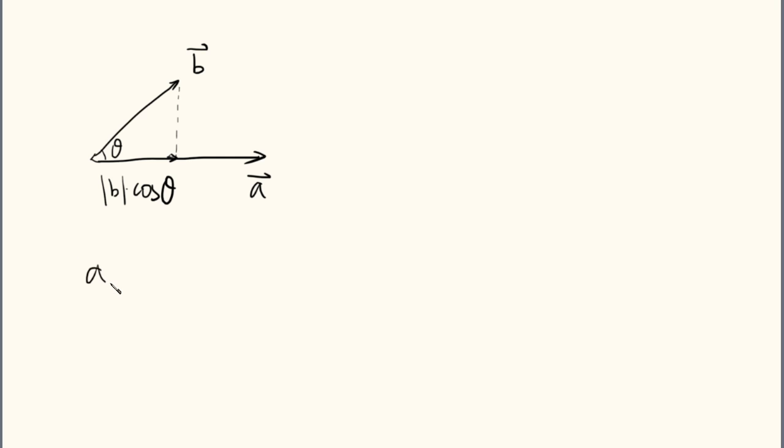Vector A dot vector B is equal to A times B times cosine theta.